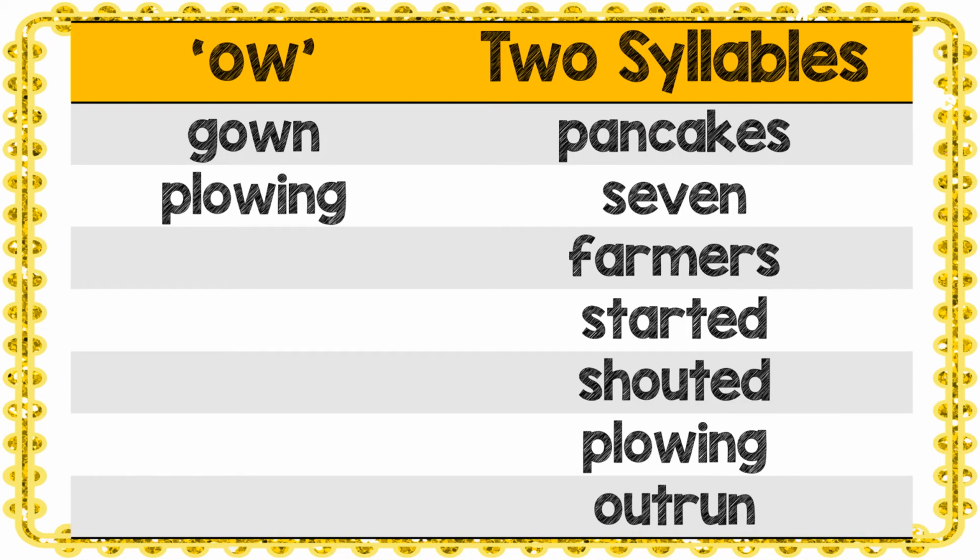You're also going to see some owl as OW, gown, plowing, and some two-syllable words. Pancakes, farmers, started, shouted, plowing, outrun.